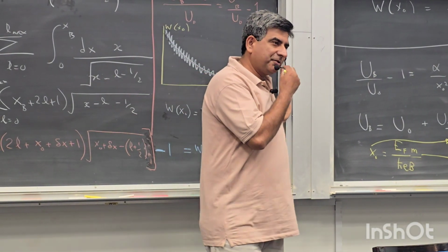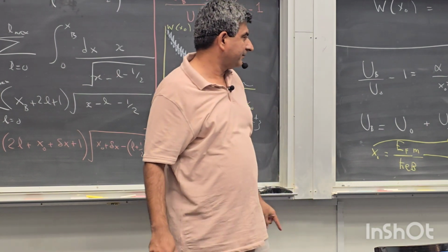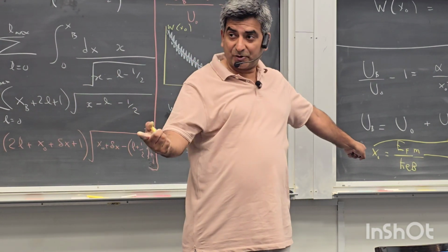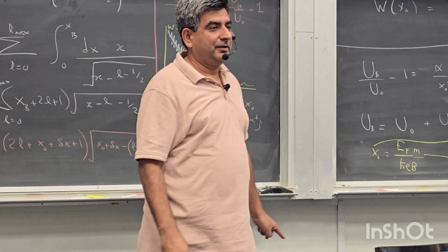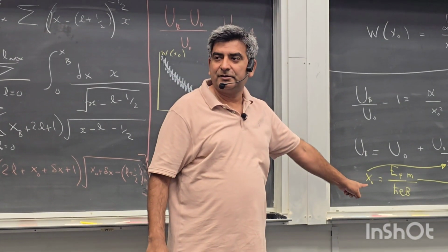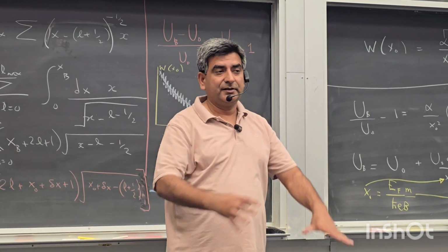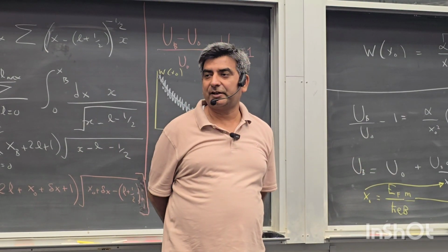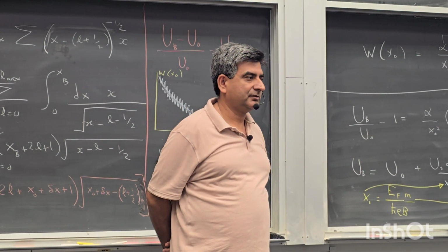Now one thing I would like you to do before the next class, which is tomorrow at 11 o'clock: you have this energy, so you can find the magnetization of this free fermionic gas of electrons.